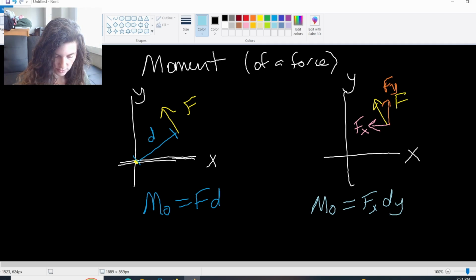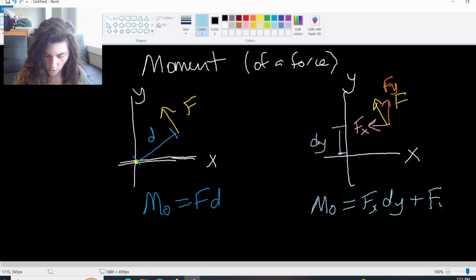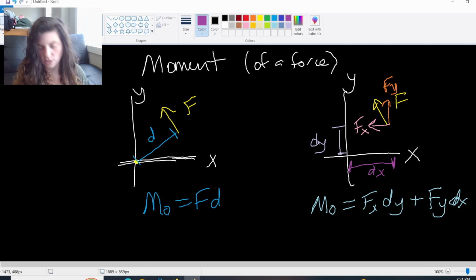So that's this Y distance here, dy, plus the Y component of the force times the X component of the distance. So that X distance would be from the axis out to where Fy is, dx. So we can break it down into components and then just add the two components together.